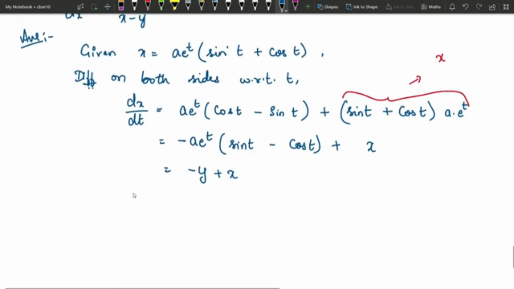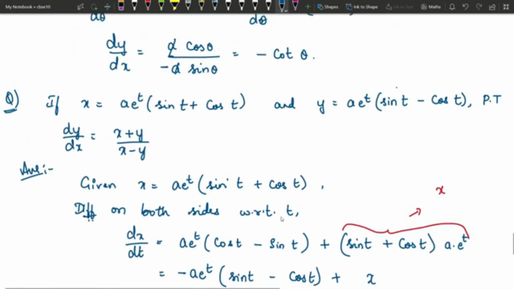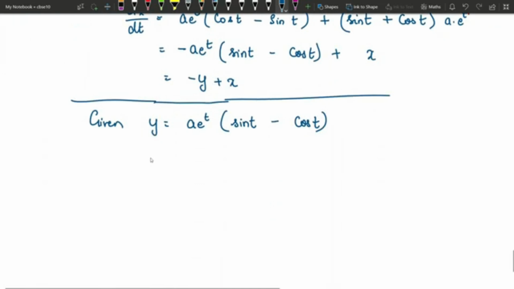So this is, we have differentiated x. Now let us differentiate y. Given y is equal to a into e power t into sin t minus cos t. Now we will differentiate this on both the sides.